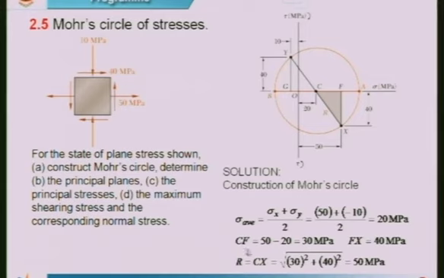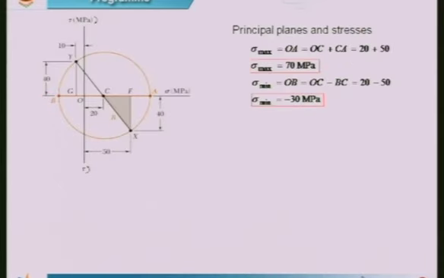Okay. And CF is equal to 30, and the radius is given by this CF, which is 30, and this Fx, which is equal to 40, that is the shearing stress, so the radius is equal to 50. Now from this, as I told you, sigma max is equal to OA, that is O to A, so that is equal to OC plus CA.